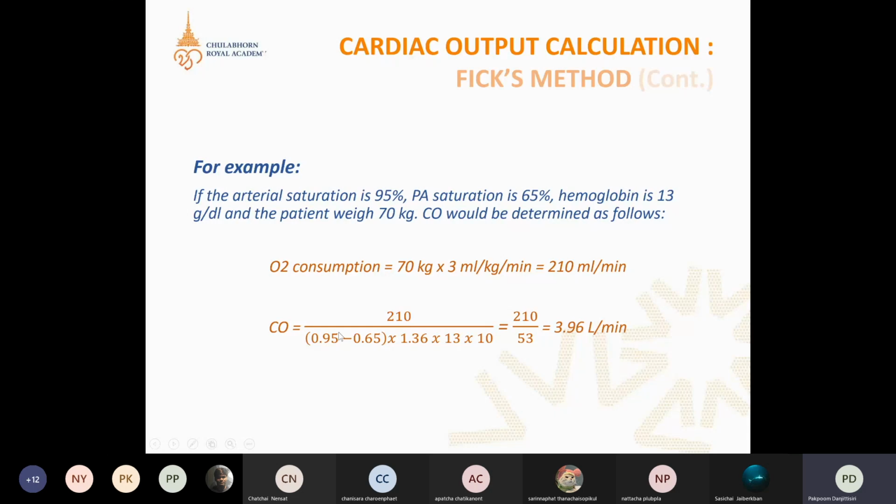And the last thing you have to get from the information is the hemoglobin. There are two things you need to find to calculate the cardiac output.